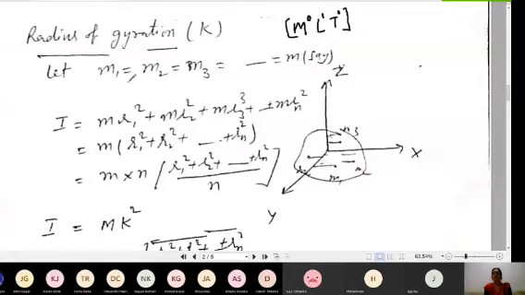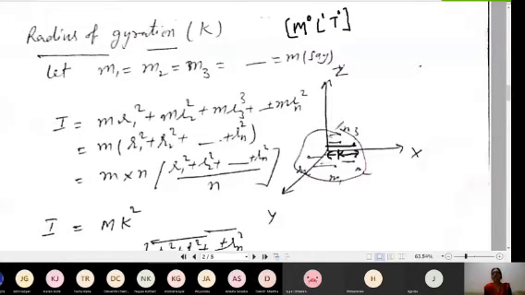Now I have to define it. For defining, you take the expression for the perpendicular distance. Which type of perpendicular distance do I have to take? I assume that if I take the perpendicular distance k at any position, then the moment of inertia of the body remains the same as that given by the actual distribution of the masses.